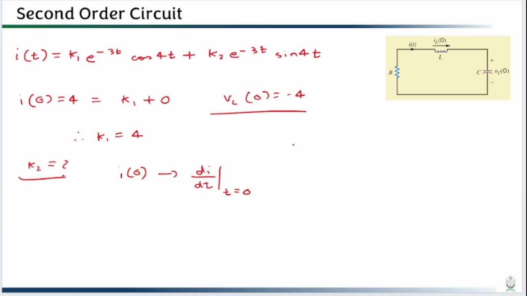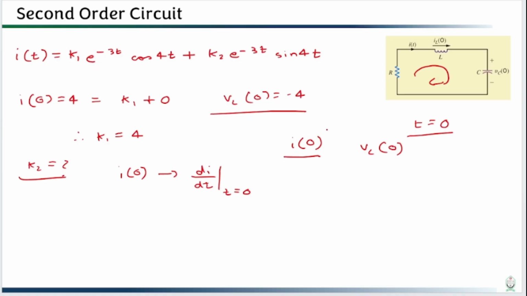Now that we have the values given as I0 and VC0, let us look at the KVL of this circuit when the value of t is just 0.